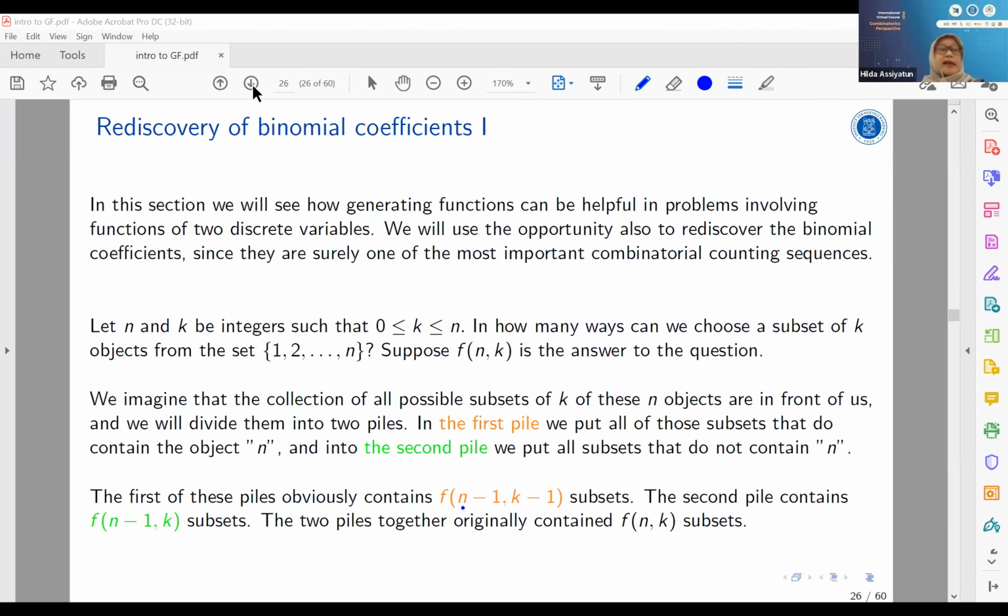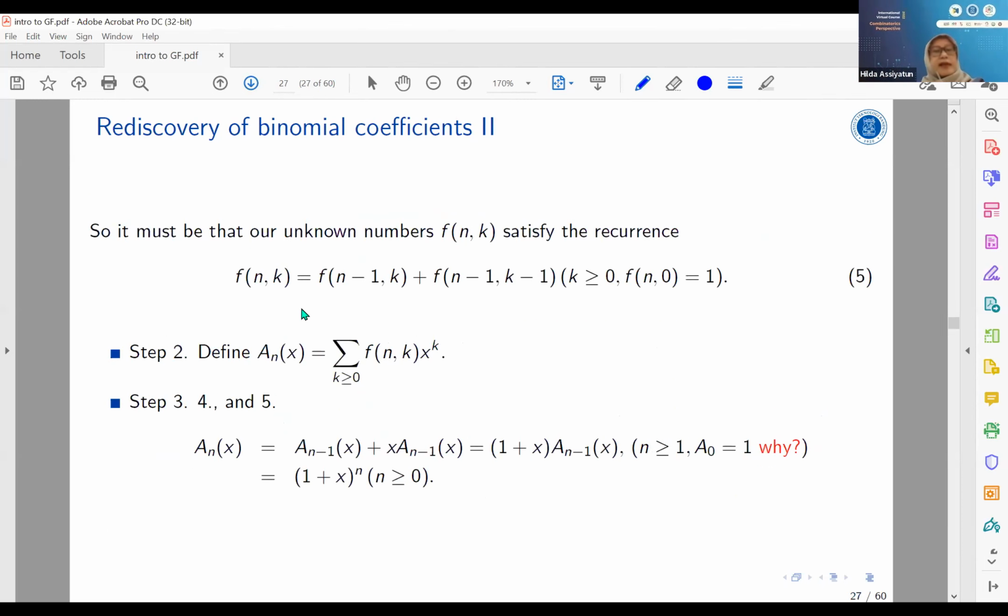Then from here we have this recurrence: f n k equals f n-1 k, coming from the first pile, plus f n-1 k-1. This is valid for k at least 0, with f n 0 equals 1.